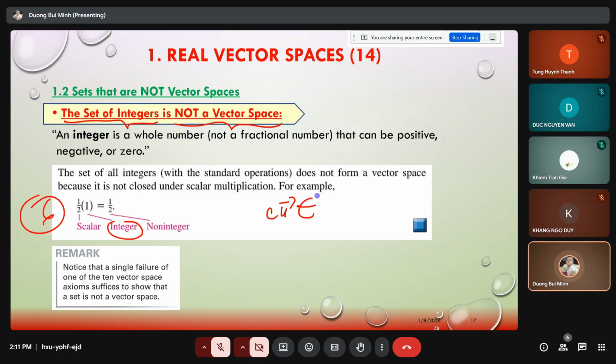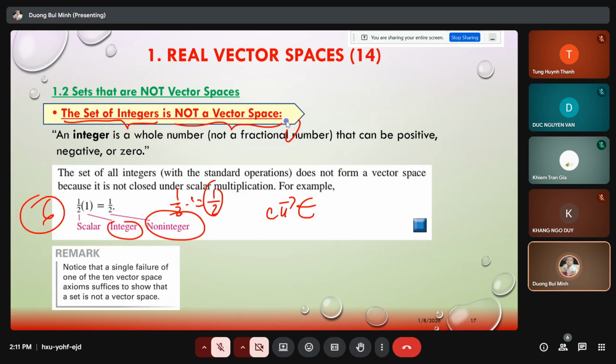So c times vector u should belong to the integers. But now if we have one over this scalar times 1, you get 1 over this, which is a non-integer. So the set of integers is not a vector space because axiom 6 is not satisfied. You understand?